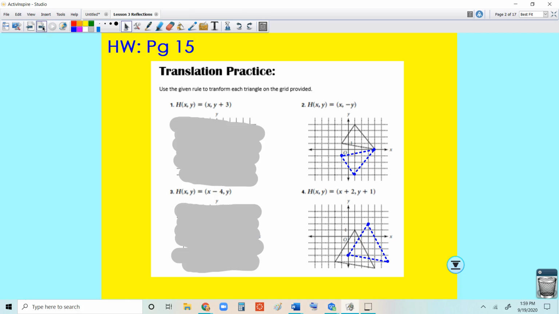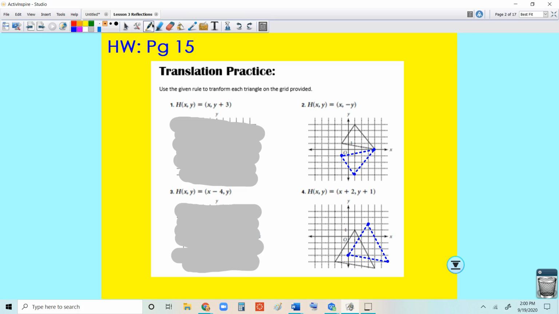All right. Your homework from session 1 was page 15. So we're going to look at a couple of them, but not all of them. So problem number 2, you're taking every single point and you're starting with x, y, and you're making it into x, negative y.